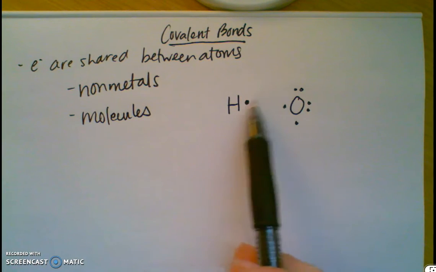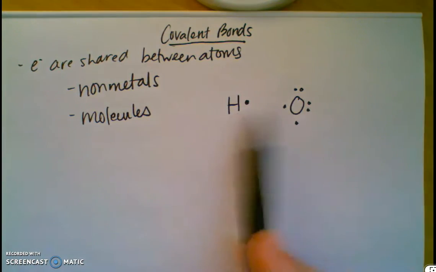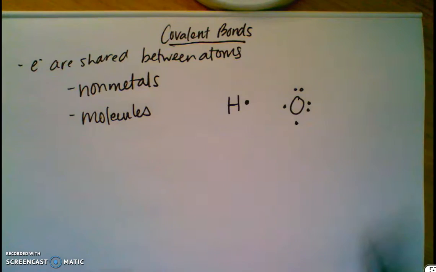So what's going to happen is these 2 atoms, and remember there's never just one of each, there's always a large quantity of each, are going to combine to complete the octet rule for both atoms without either one losing their electrons.